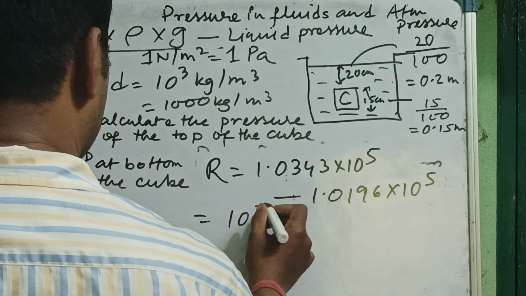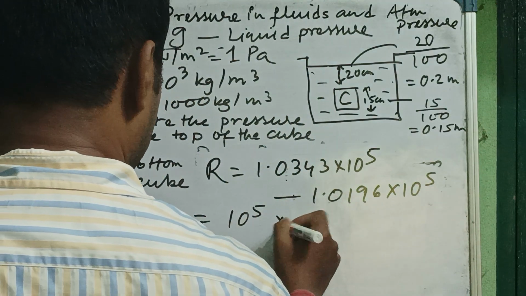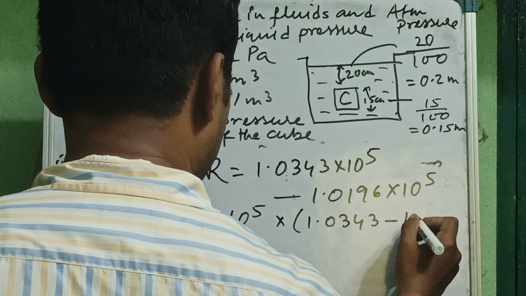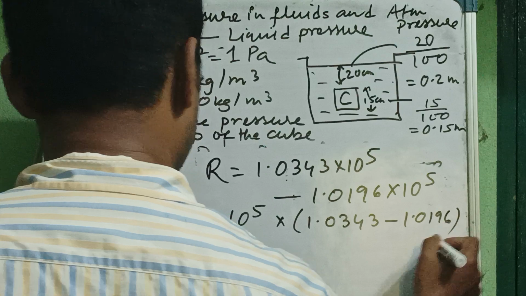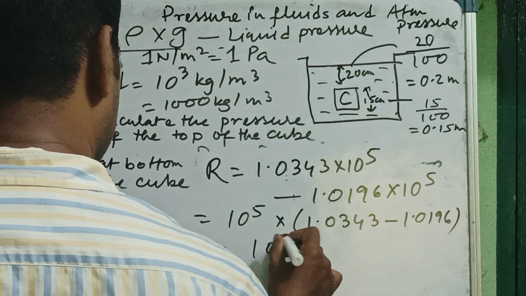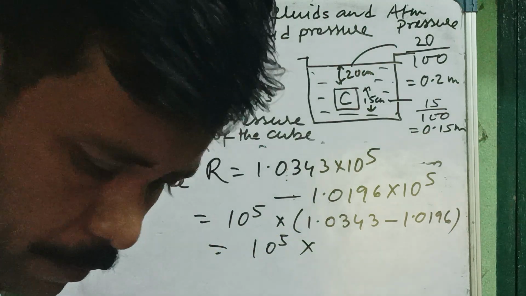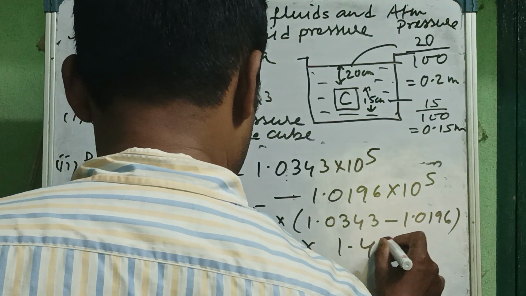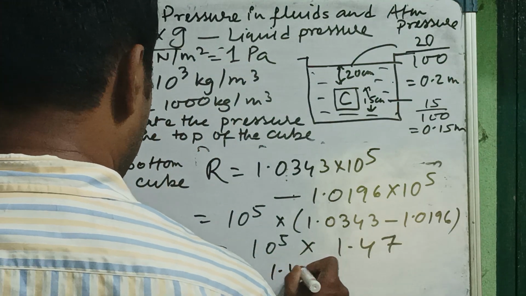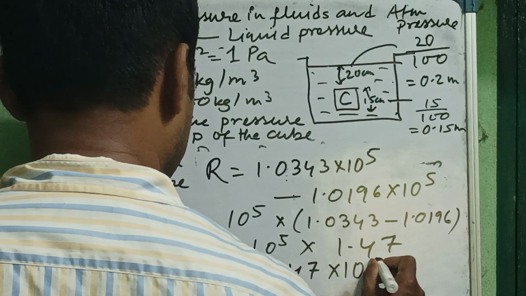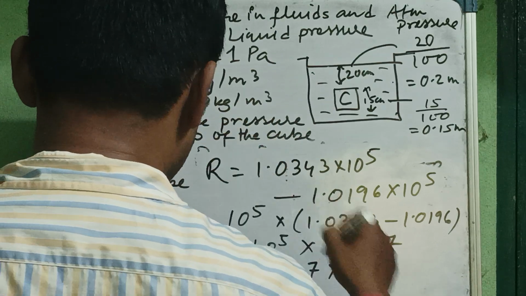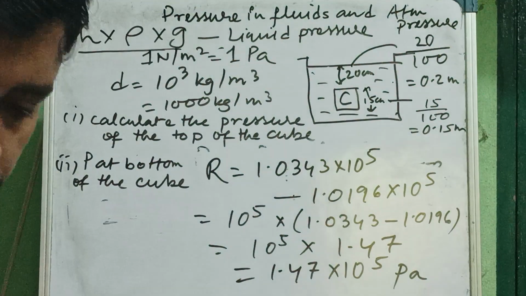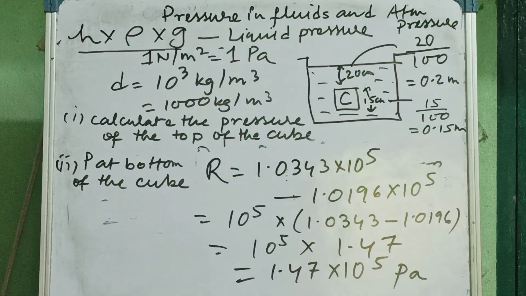If we take 10 to the power 5 common, then 1.0343 minus 1.0196. This calculation takes place this way. So after subtraction we get the answer 1.47. You can write this answer as 1.47 into 10 to the power 5, the resultant pressure. So again Pascal. Okay, clear?